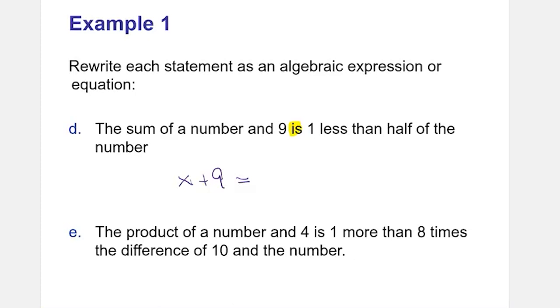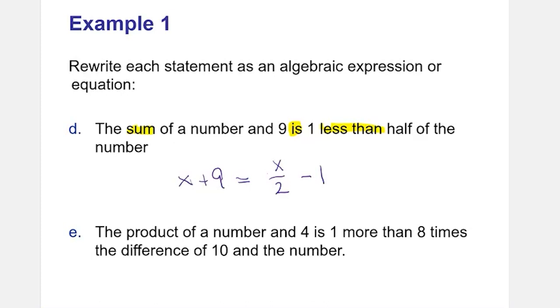Is, which means equals, 1 less than half of the number. Whatever that number is, I'm going to divide it by 2. That gives me half. And I have to subtract 1 from that because it's 1 less than half of a number. So sum here is important. Less than is important. Half is important because we have to know that means divided by 2.